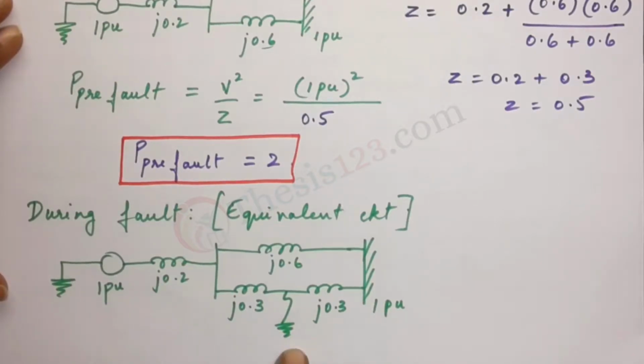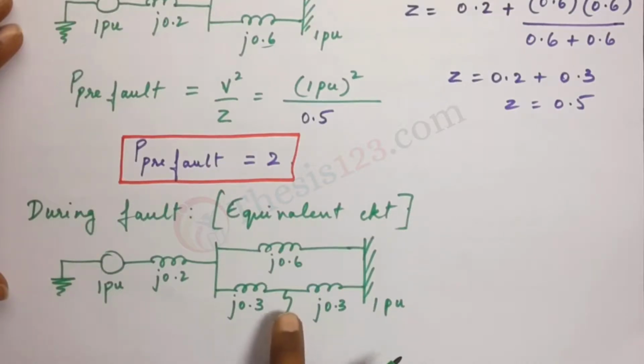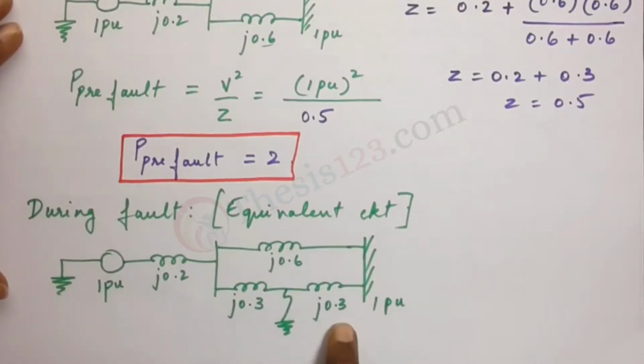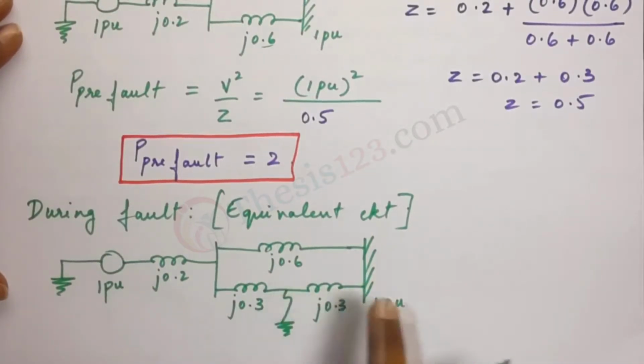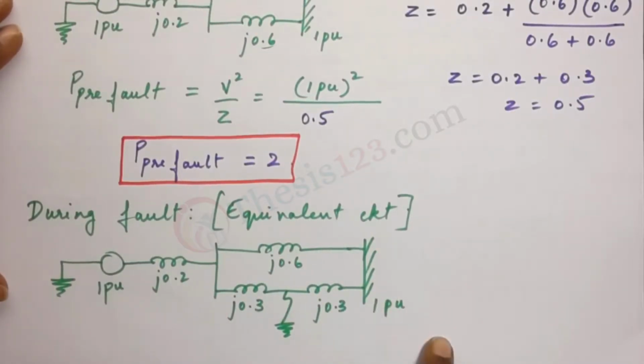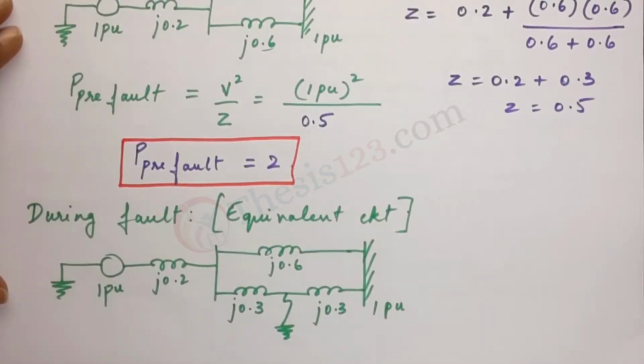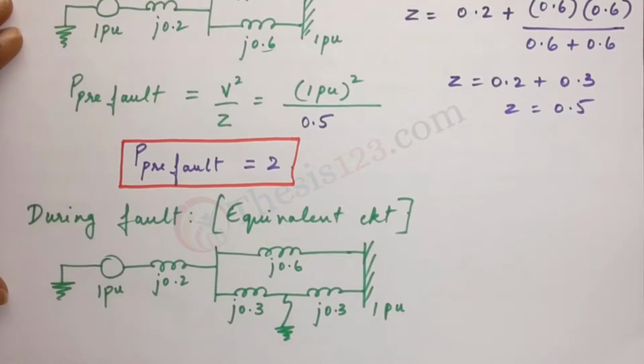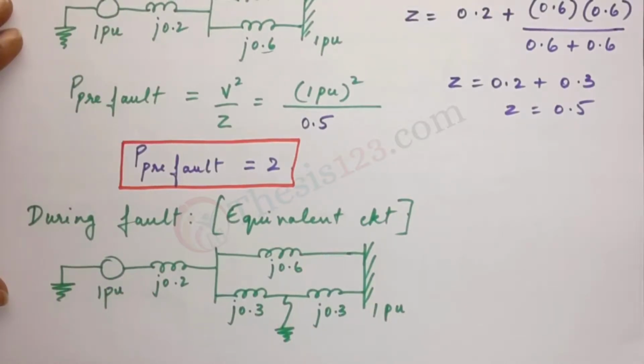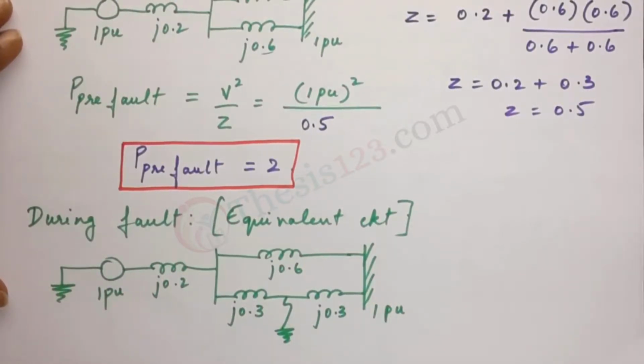Now we have a few things to do. You will see that this is in delta form. So first we have to convert it into star form, a star connection, and then convert it back into delta in order to form a pi connection. We'll do it step by step.